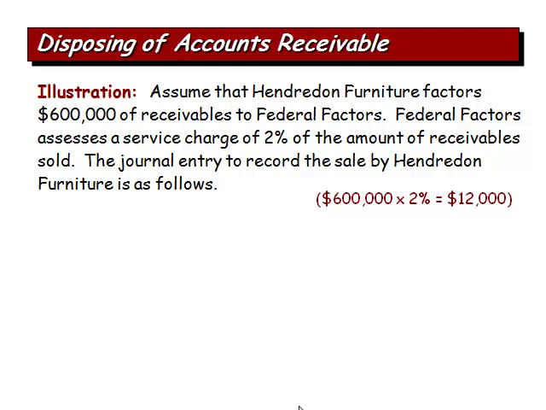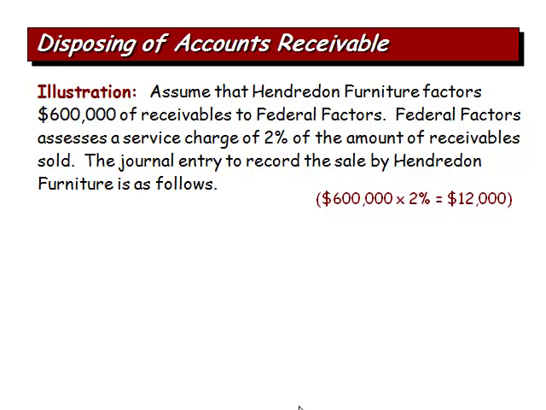So we're going to assume here that Hendreden Furniture factors $600,000 of receivables to Federal Factors. Federal Factors is going to buy $600,000 of receivables, and they're going to charge 2% of the amount of receivables.